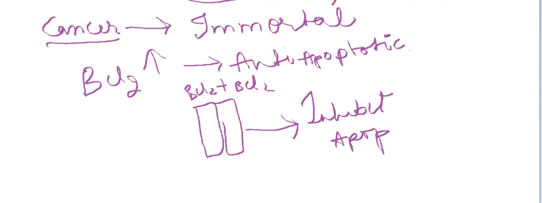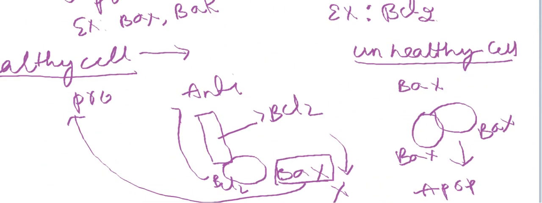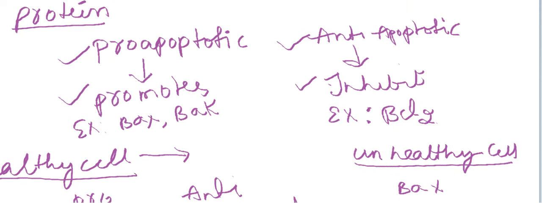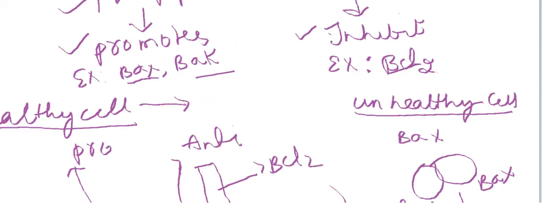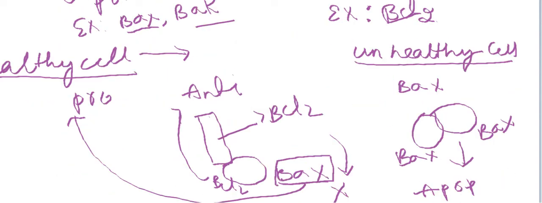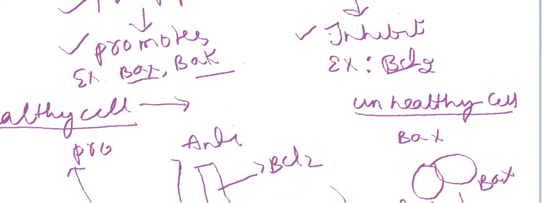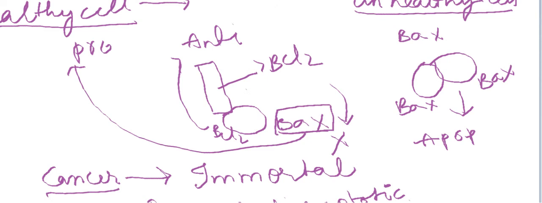Okay, this is the thing that we need to remember. Pro-apoptotic proteins promote apoptosis. Anti-apoptotic proteins inhibit apoptosis. Examples of pro-apoptotic proteins are PAX and BAX protein, and anti-apoptotic is BCL2 protein. In a healthy cell, there is an interaction between these pro-apoptotic and anti-apoptotic proteins, and they form heterodimers and prevent apoptosis since that is a healthy cell.